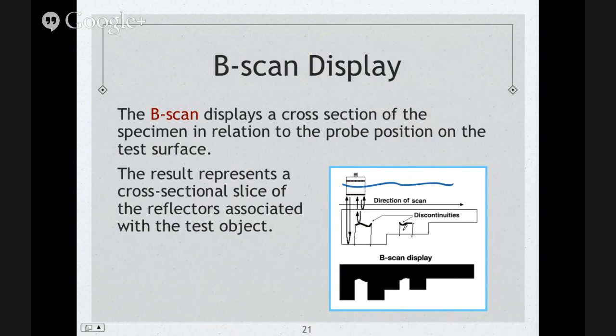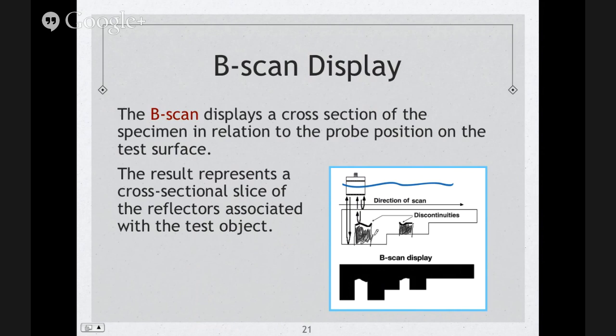So the areas under discontinuities, you're not going to be able to see. And you're not going to be able to see if you have any defects there unless they came out of the range or the size of your initial reflector.